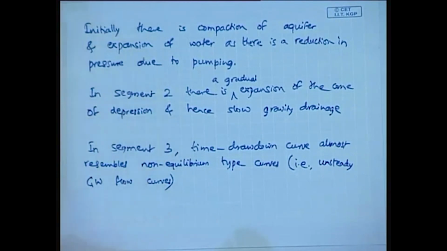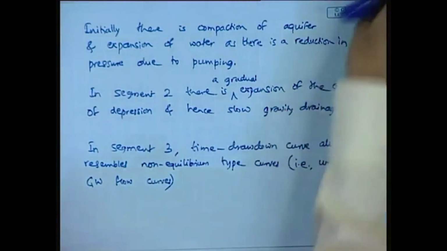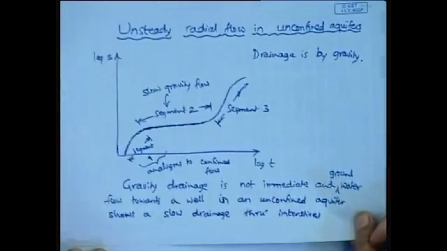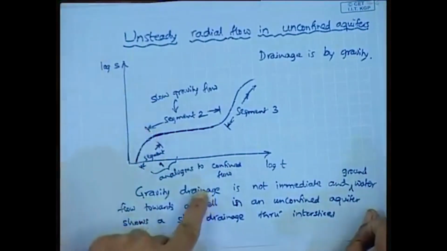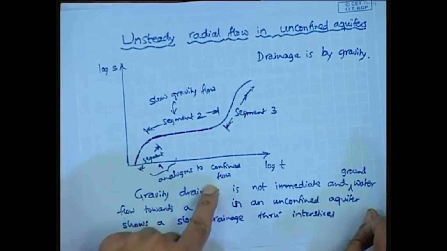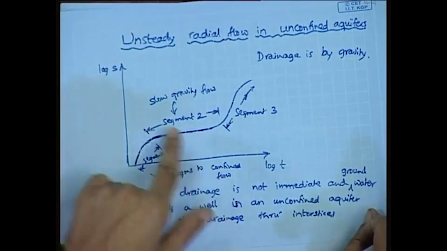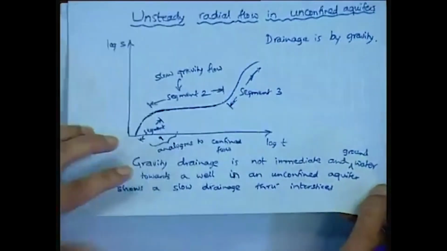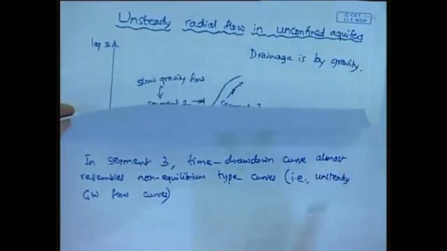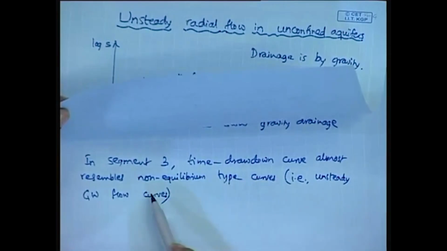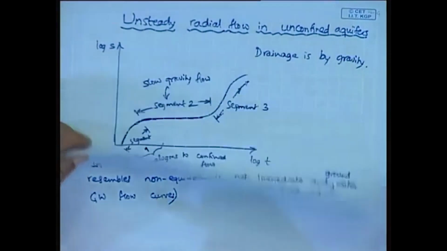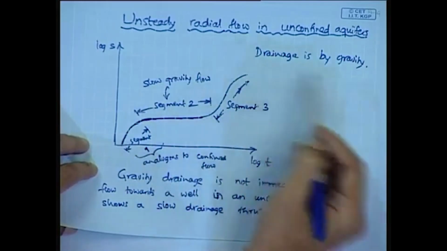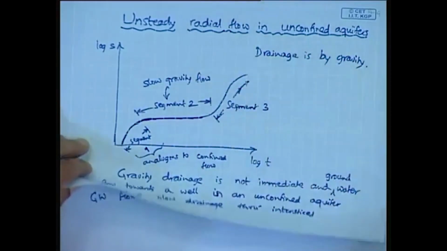Therefore, there are 3 distinct segments. Segment 1 is analogous to confined flow, segment 2 has slow gravity flow, and in segment 3 there is unsteady flow again, somewhat like segment 1, and then it flattens again.